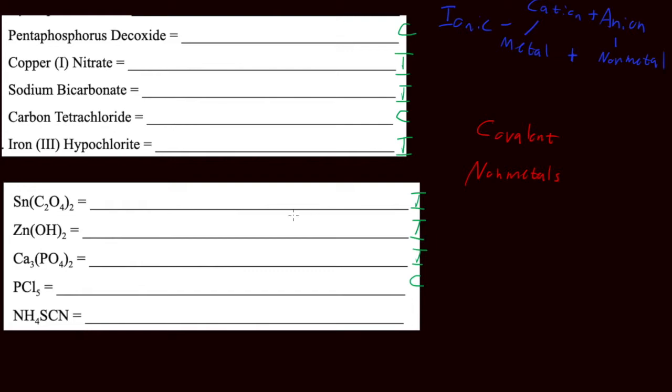NH4SCN, ooh, now this one is a little challenging because all of these are nonmetals, so one might think covalent. But if we are familiar with our polyatomic ions, NH4 right here is ammonium. And this SCN right here is thiocyanate.